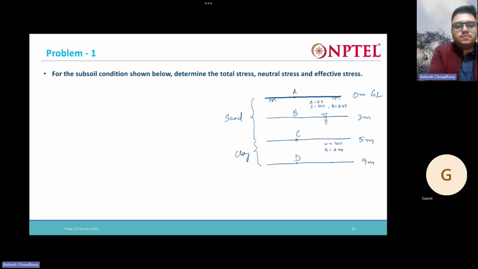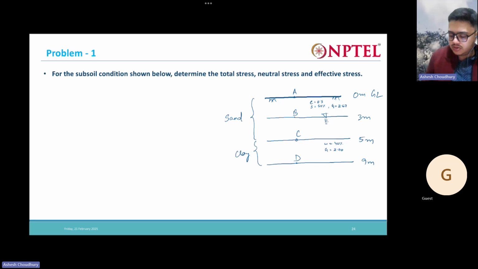Right. So for the subsoil conditions, total stress. First at the point A. Before we calculate, you can see e is given, that is the void ratio, saturation S is given, and G is given, right?